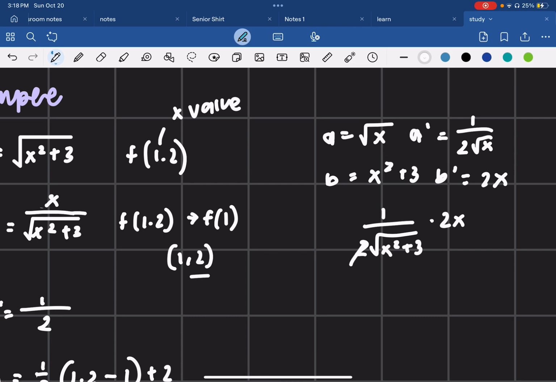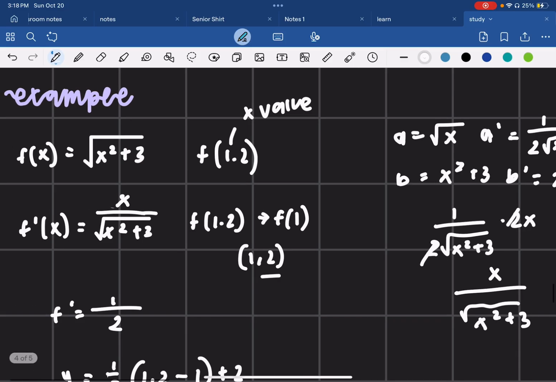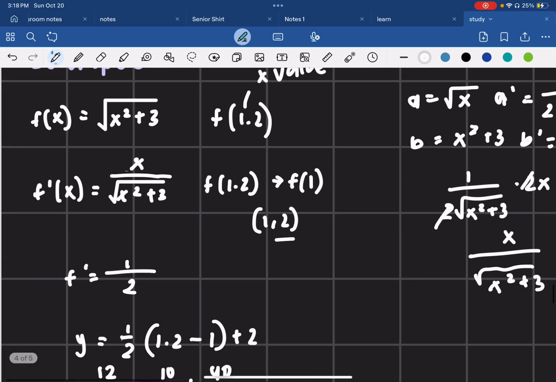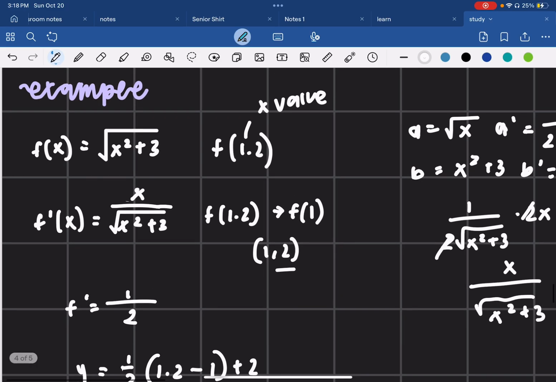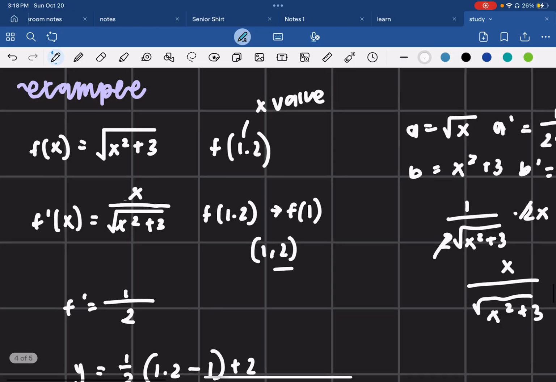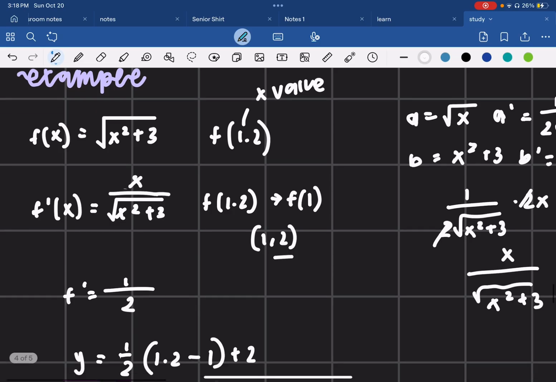We can cancel out the 2's here, and we get x over root x squared plus 3. Perfect. So now we're going to plug in the x value that we estimated, which is 1, into our f prime of x, just like we did before. So we get 1 over 1 squared, which is 1, plus 3 is 4, root 4 is 2. So you get 1 over 2 as your f prime.